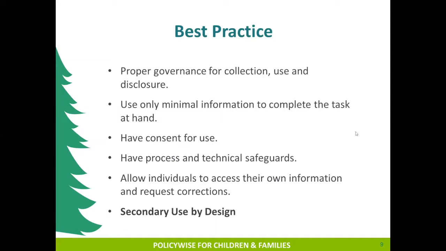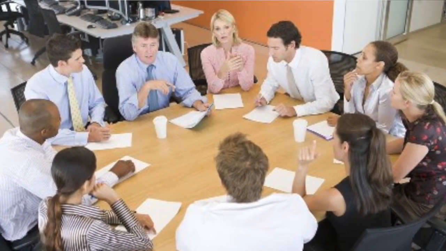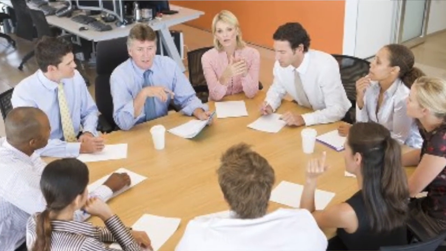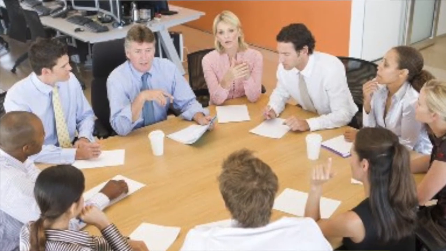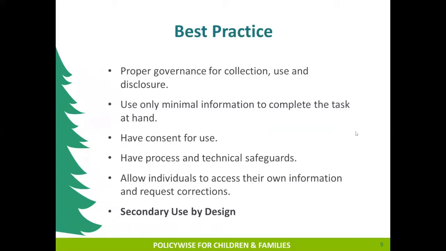Towards that, there really needs to be proper governance for collection, use, and disclosure of data. This might mean policies. This might mean committees or groups or executives that have taken on the responsibility for looking at these issues. And at the end of the day, that documentation, that due diligence, is really one of the key aspects in terms of looking at what's best for both the clients and the organizations.